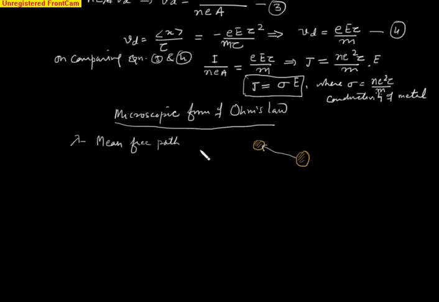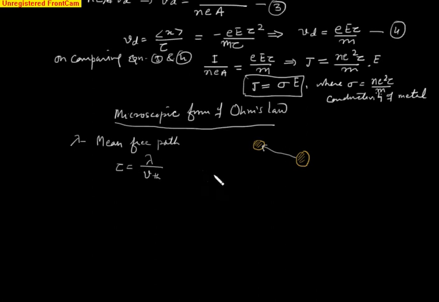And this mean free path is related to the relaxation time, given by tau equals mean free path divided by thermal velocity, which we can denote as v thermal.